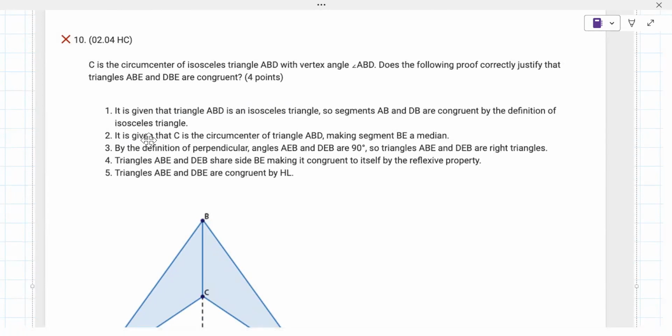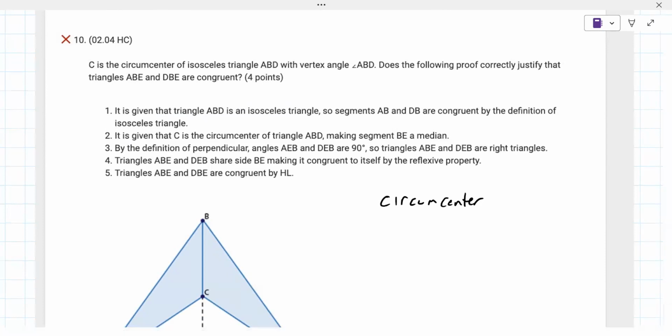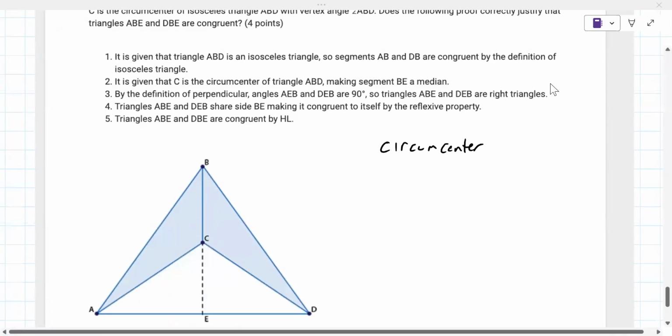Yeah, so you would need to actually know what a circumcenter is. I think we went over that. I think I have that in my notes actually. The circumcenter. Let me pull it up. By definition, it's the perpendiculars. All the perpendiculars meet there.